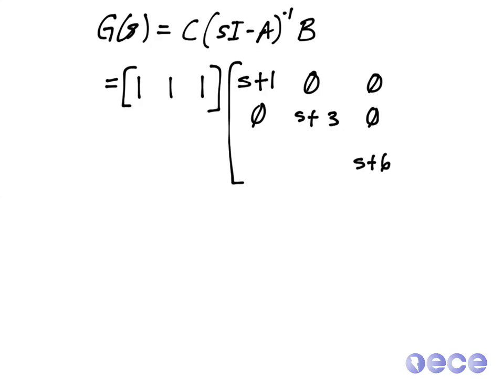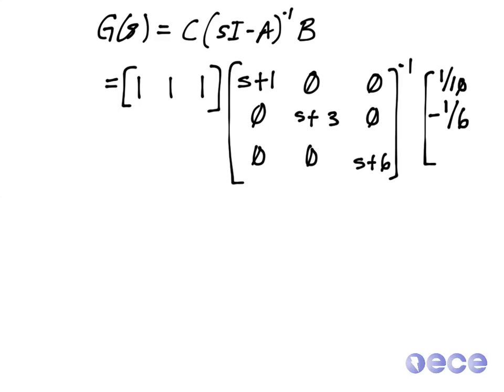This is the (sI minus A) inverse part, and then times B. So B was 1/10, minus 1/6, and then 1/15. Taking the inverse of this diagonal matrix is pretty easy, but I can just show you the final result here.